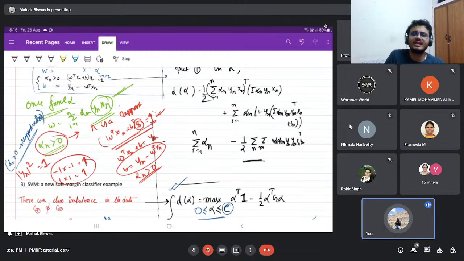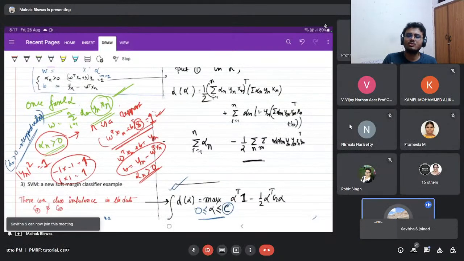But with SVMs, there is something you need to do about the kernel also. With random forests, you can have non-linear decision boundaries, between this point and this point, and for other points you can consider other things.